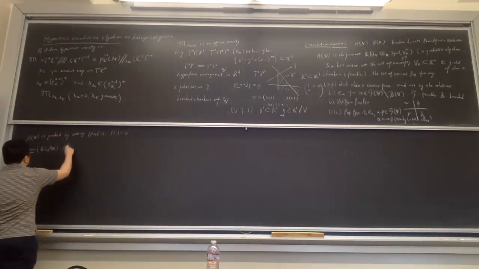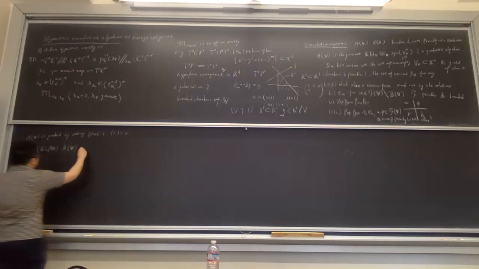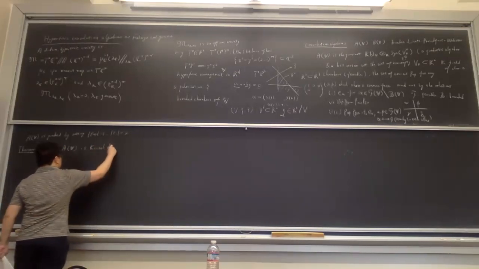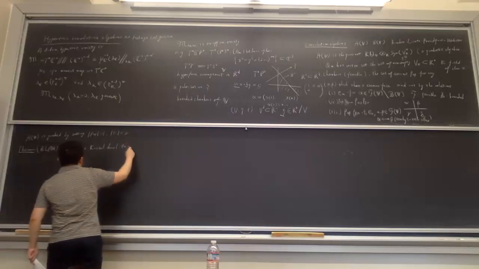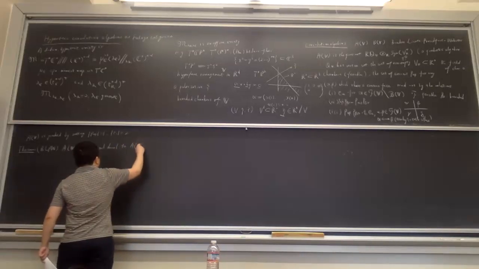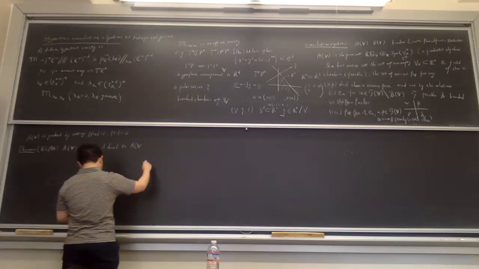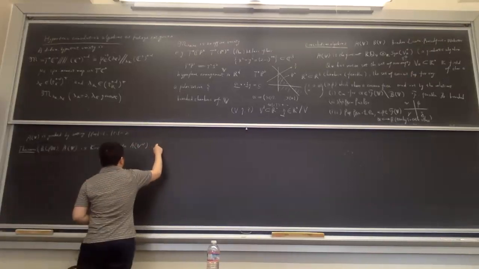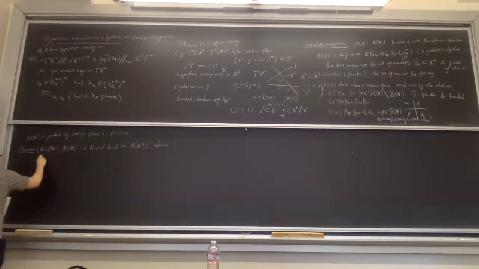that this AV is Koszul dual to A associated to the Gale dual hyperplane arrangement of V. Sorry, it's the Gale dual.